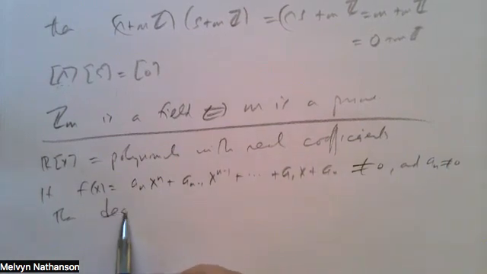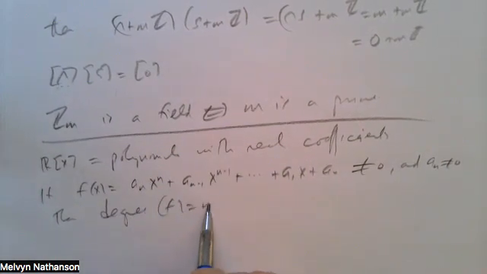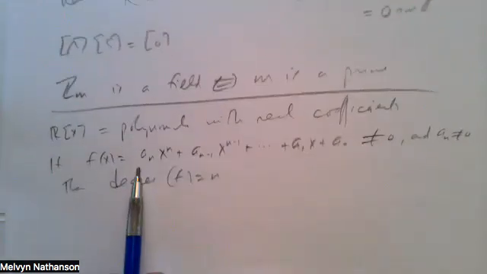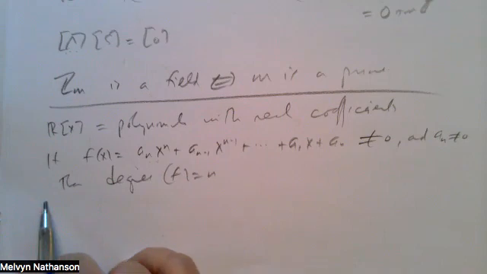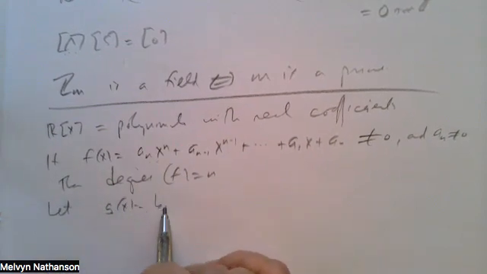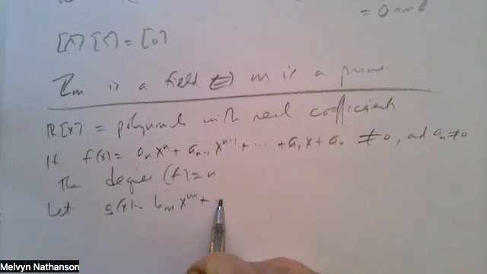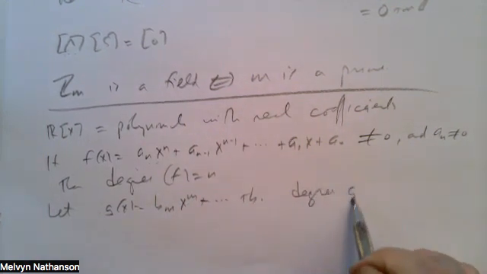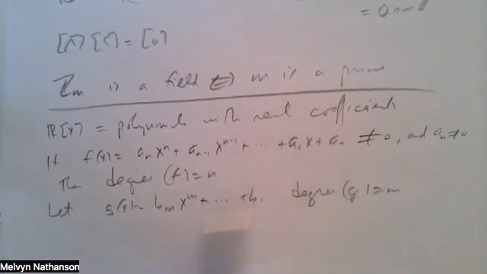Then what is called the degree of f is n. The degree of a polynomial is just the highest power of x that occurs in the polynomial. So suppose f of x is a_n x to the n and so on. Suppose we have another polynomial, g of x, which is b_m x to the m, where the degree of g is equal to m.